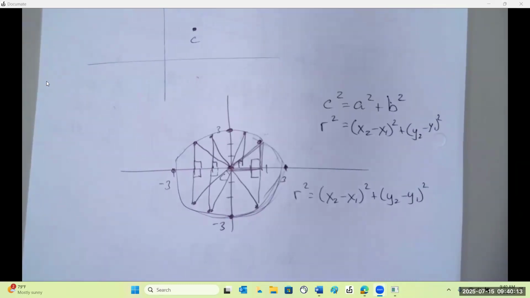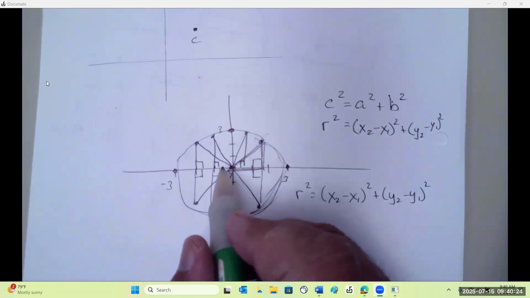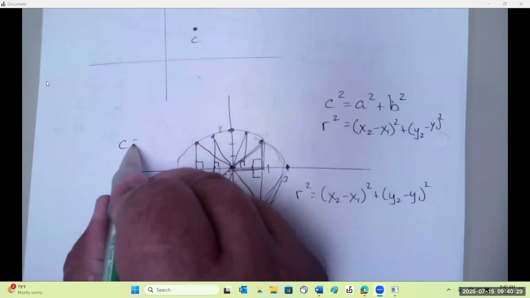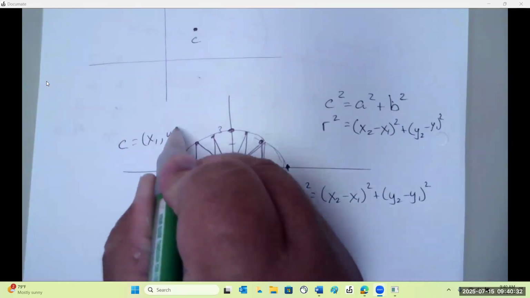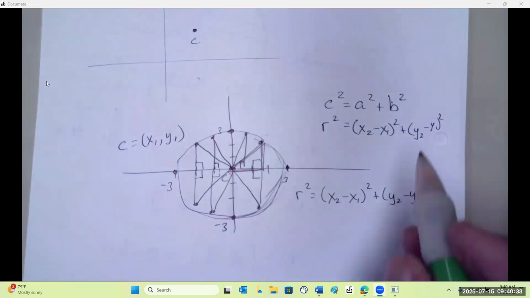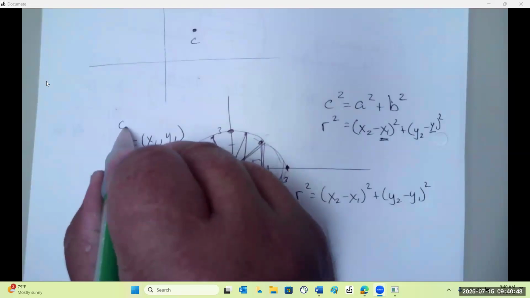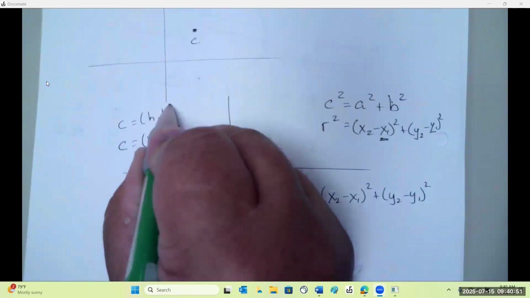But there's a difference here between the right triangle and the equation of a circle. When we talk about a circle, we have the center point. Does it ever move? No. It stays the same. So the center is our x1, y1 point. The center is the beginning point. All points on a circle begin from the center. Well, instead of using x1, y1, we use h and k.